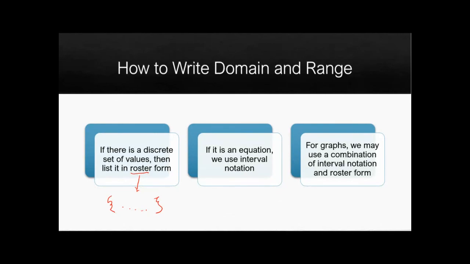And for graphs, we may use a combination of both depending on what the graph looks like, because you may have a graph where there's a long section where you have an infinite number of possibilities, and then you may have some specific points. And so you may have to use both of them depending on what the graph looks like. So knowing what you're looking at helps you determine how you write your answer for your domain and range.